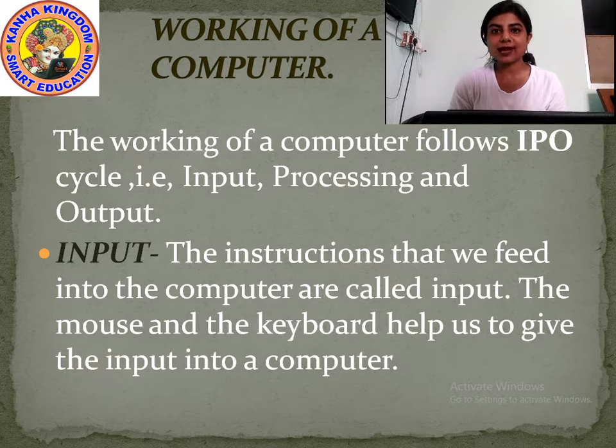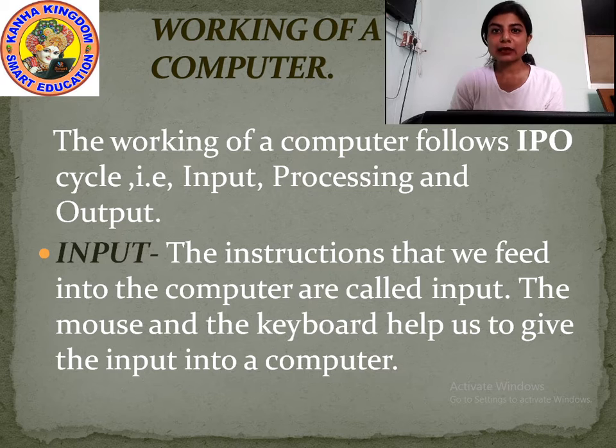There is a cycle of working. That is the IPO cycle. I means input, P means processing and O means output.